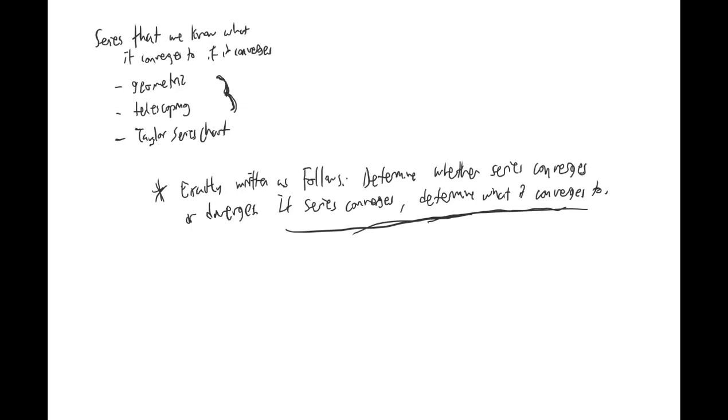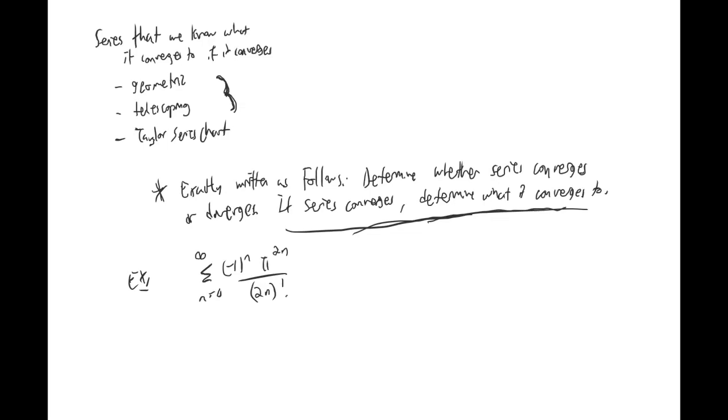So for example, if they ask you whether this converges or not, you can use the ratio test to show it converges, but then the question is, what does it converge to?